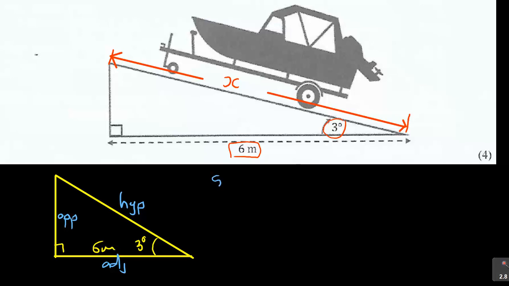And then I can use SOH CAH TOA. They are looking for the hypotenuse, which is my x. So I look for the ones that deal with hypotenuse, you can see it's SOH and CAH. And I look for what I'm given. I'm given the adjacent, so the one that deals with adjacent is that one.